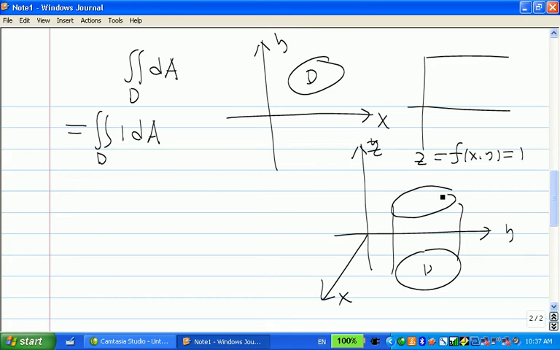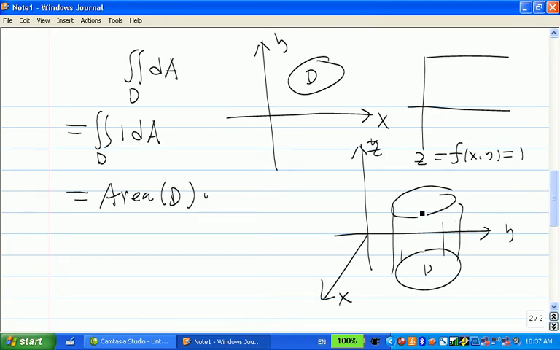Just like that. Okay. So the volume under this surface, on this plane, is a cylinder, right? Because my plane is a special one, z equal to 1. So this volume can be found by what? Base area of D times the height, right?